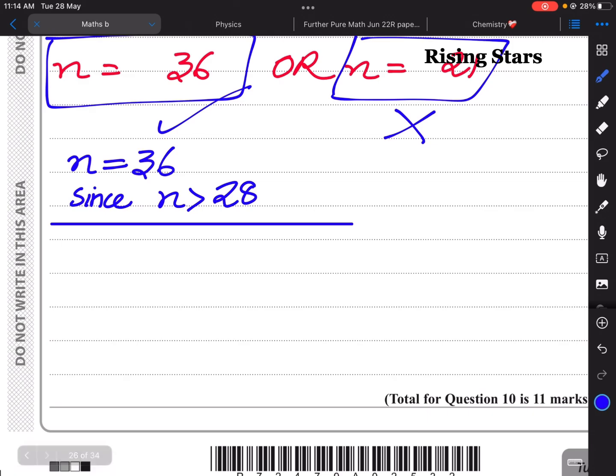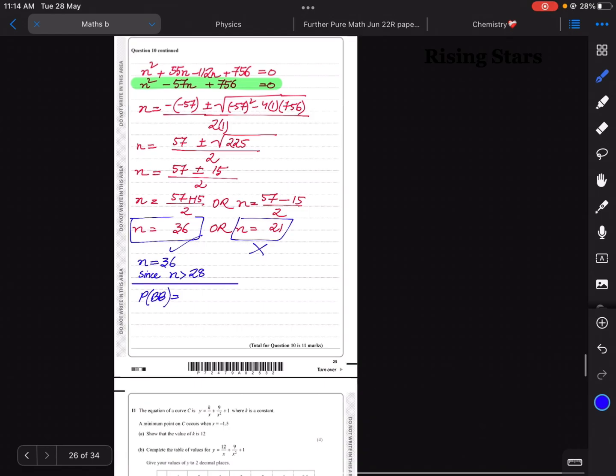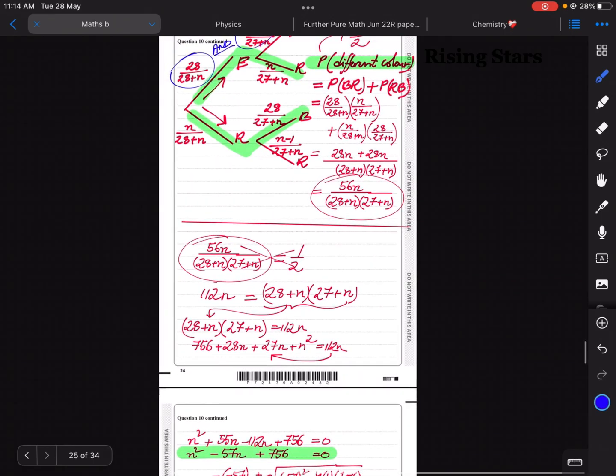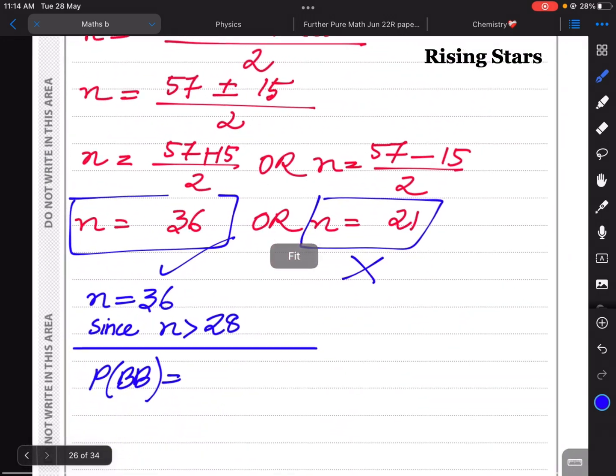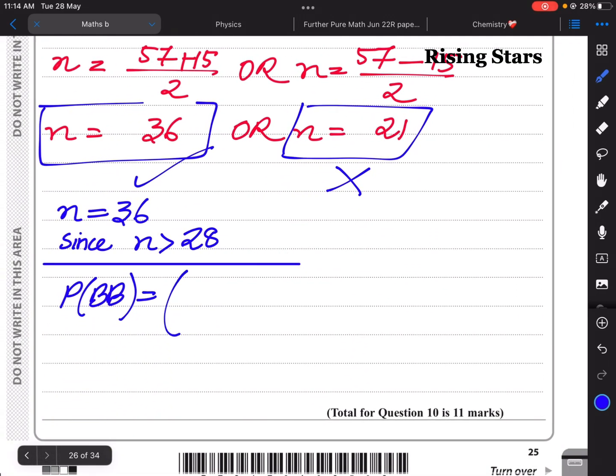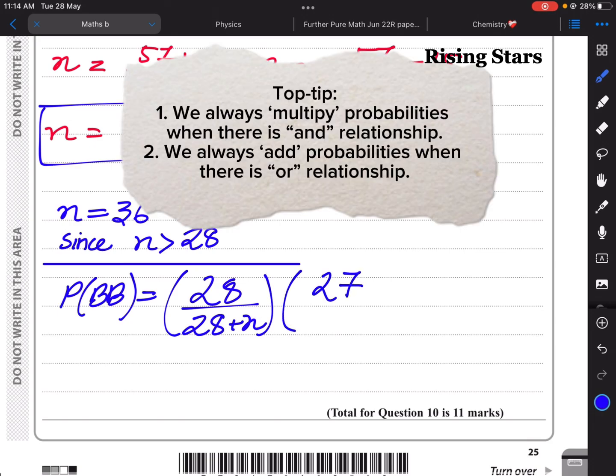The probability of blue equals 28 over 28 plus n, times 27 over 27 plus n. That will give you the probability of blue.